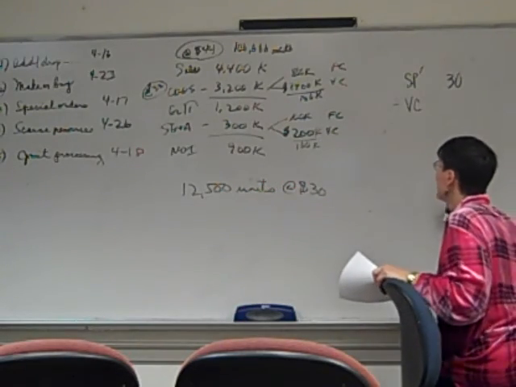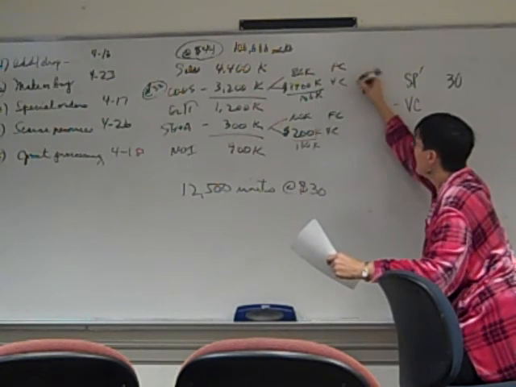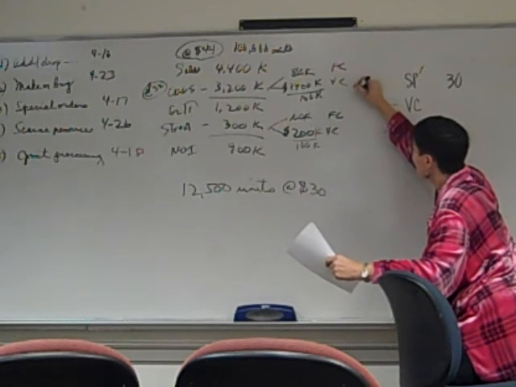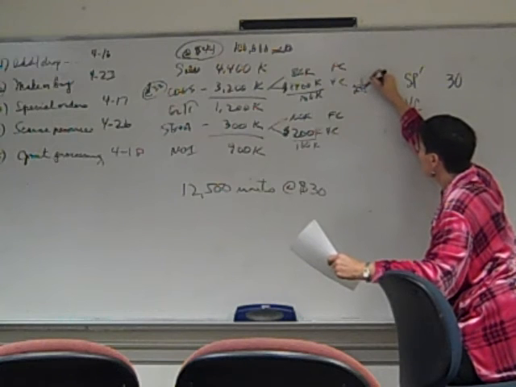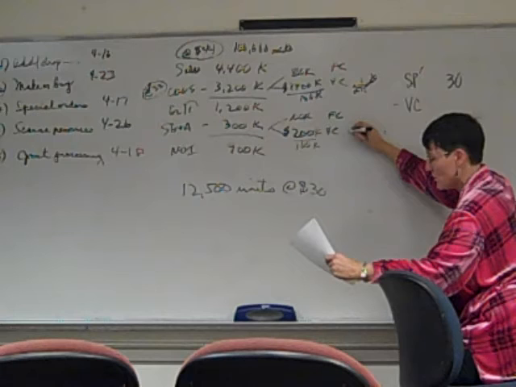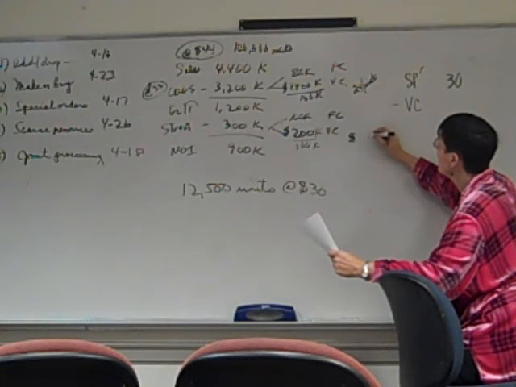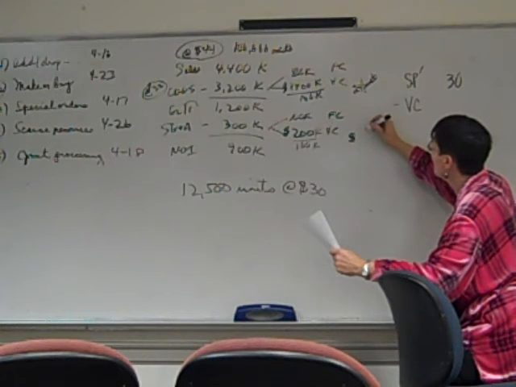If we make another unit, it's going to cost us $24 in variable costs. For every additional unit we make, it's going to cost us, is that right? $2, right?